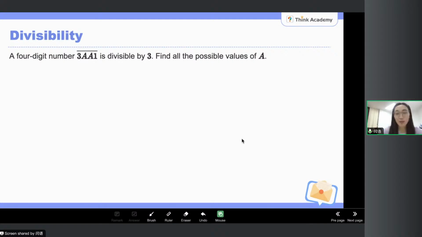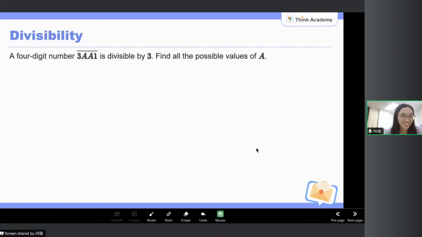Let me check how many of you can figure out all the possible values. Pay attention, more than one. Oh, so fast? Only one answer?